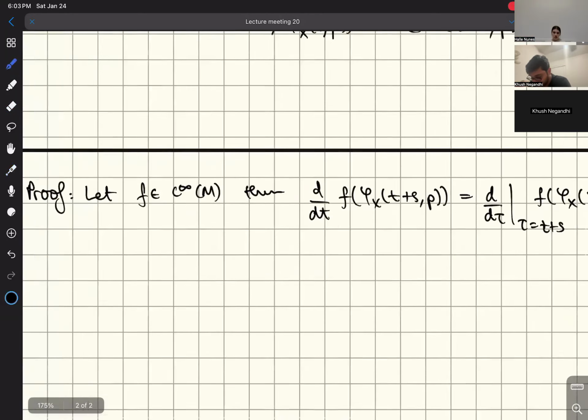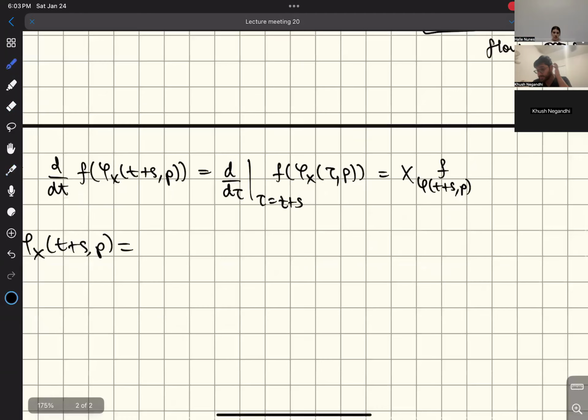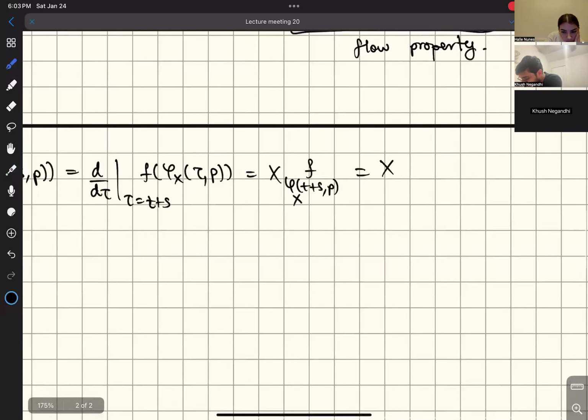What this means is, hence by uniqueness, f of t plus s at p is equal to X t plus s p of f.